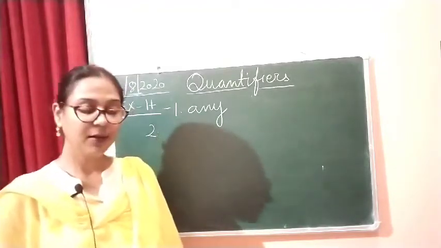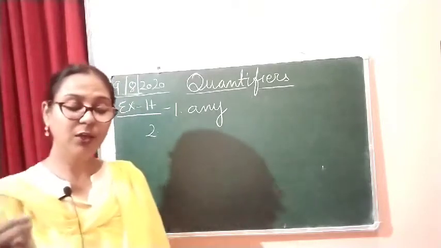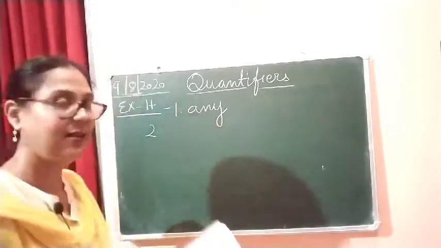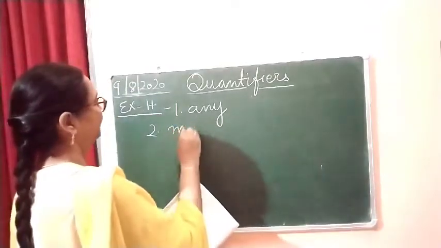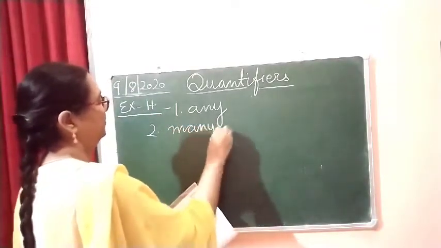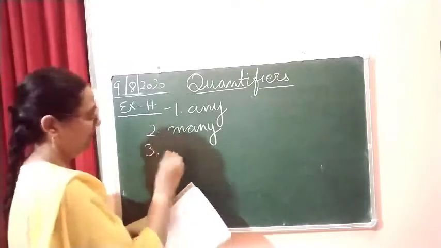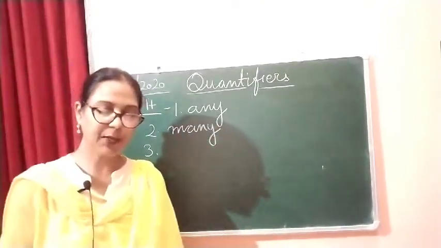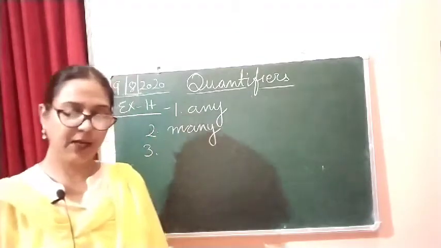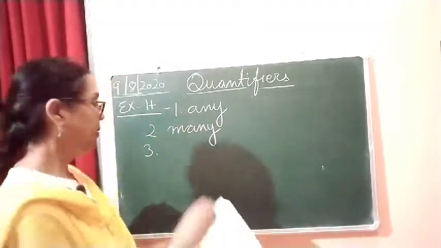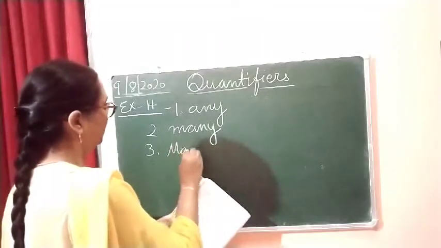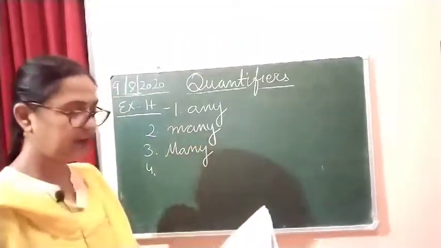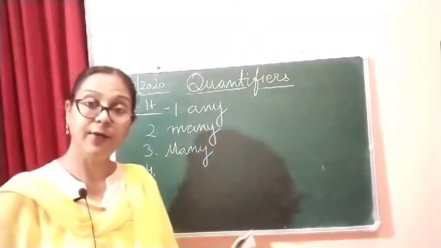Here many is used only to show numbers, so we are going to use many here. Many cotton items. Now third, dash people congratulated me for my win. Many people congratulated me for my win.